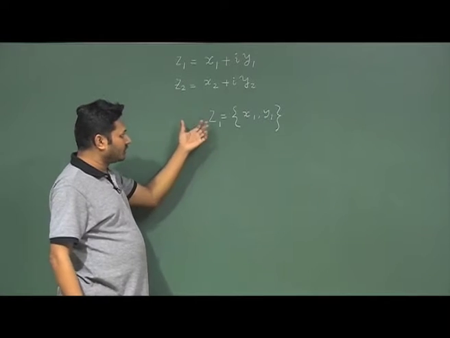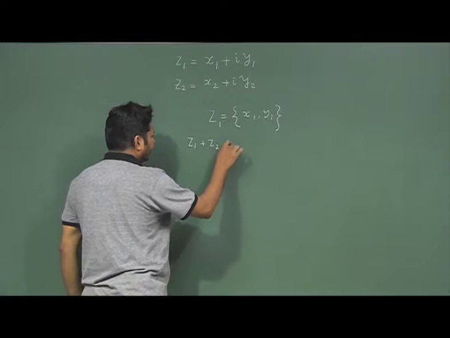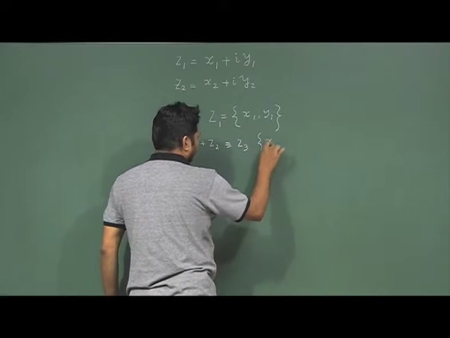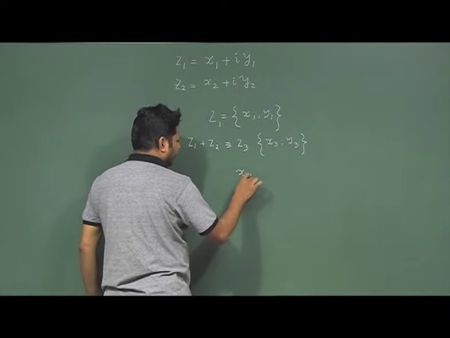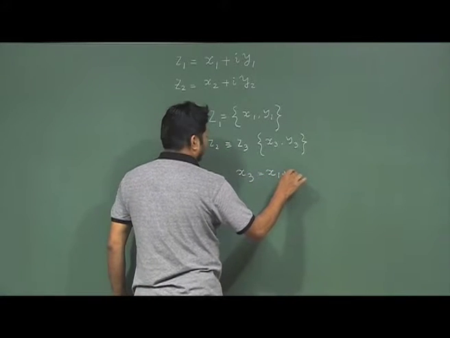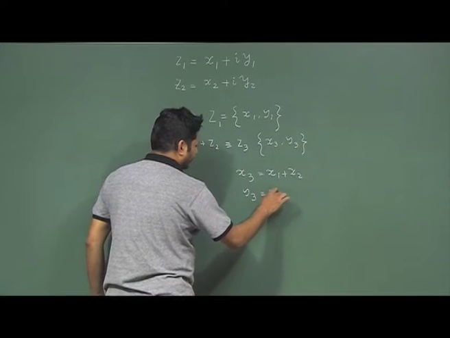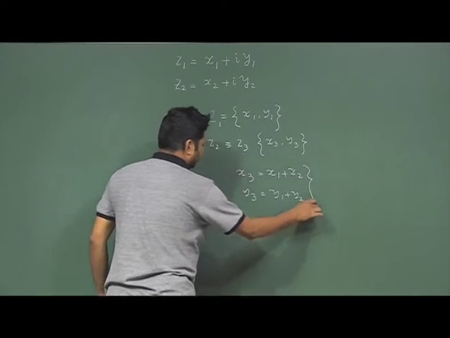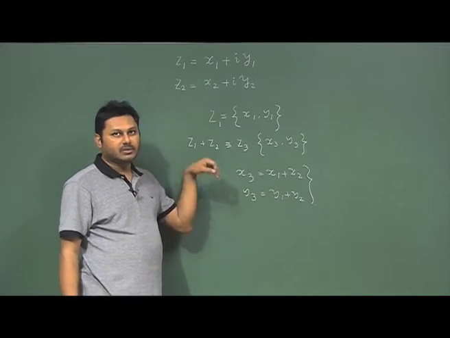And if I add the two things, z1 plus z2, which is another complex number, say z3, it also has a pair x3 and y3, where x3 is associated with x1 and x2, and y3 is related to y1 and y2. So, if I add two complex numbers, it will be a complex number.